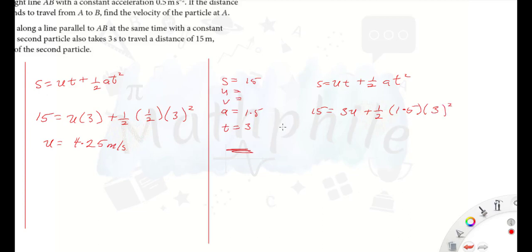So what will you get? U is 2.75 meters per second. 2.75, yes. Meters per second.